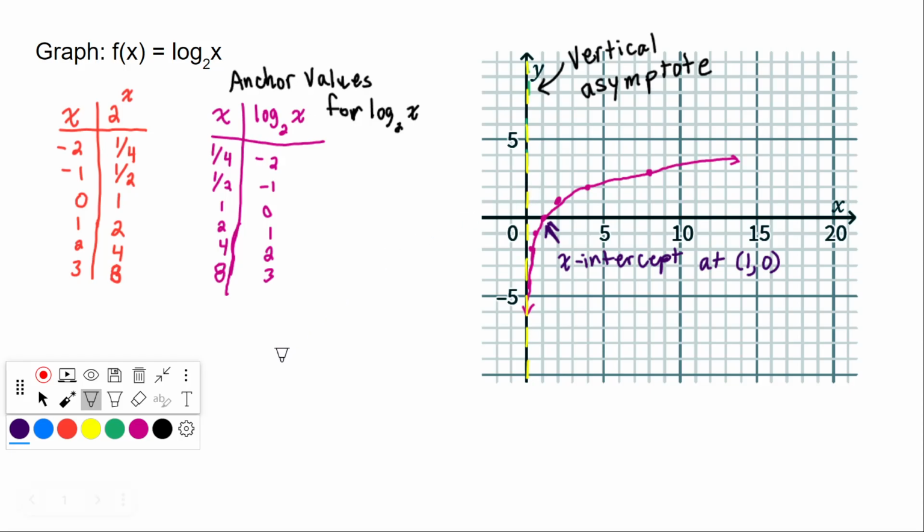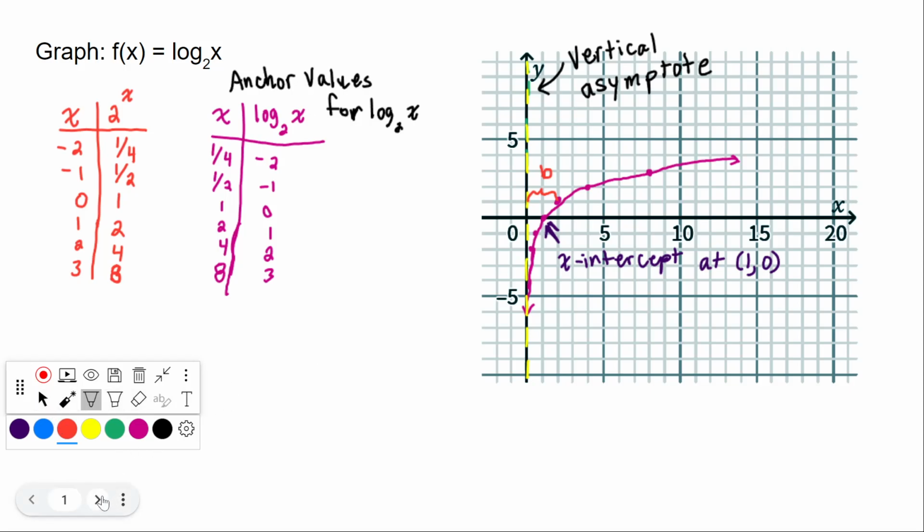That also matches the distance between our vertical asymptote and our curve. So when we're up 1 unit from the x-axis, the distance between the vertical asymptote and our graph is going to match the value of the base of our logarithm.